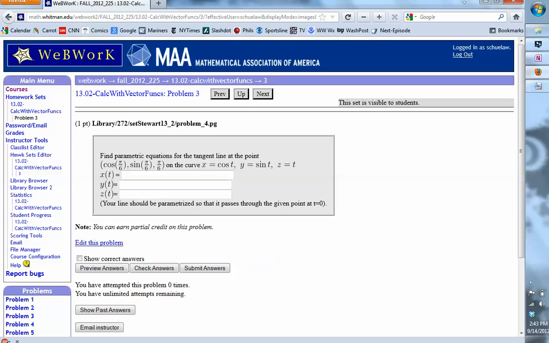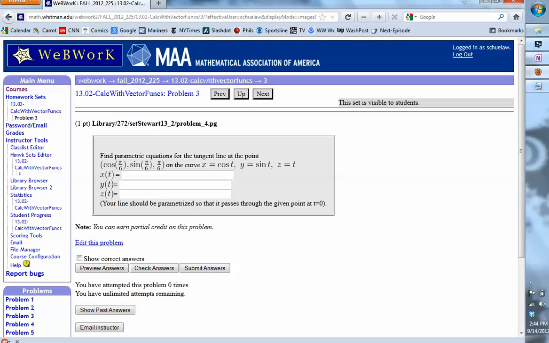So going back to chapter 12, to come up with the equation of a line, you need a point and a direction. We have a point. That's this guy. We need a direction. Remember that the derivative of a curve points tangent to the curve, or it points in the direction of the curve. So the key here, I think, is probably just trying to figure out which t you want.